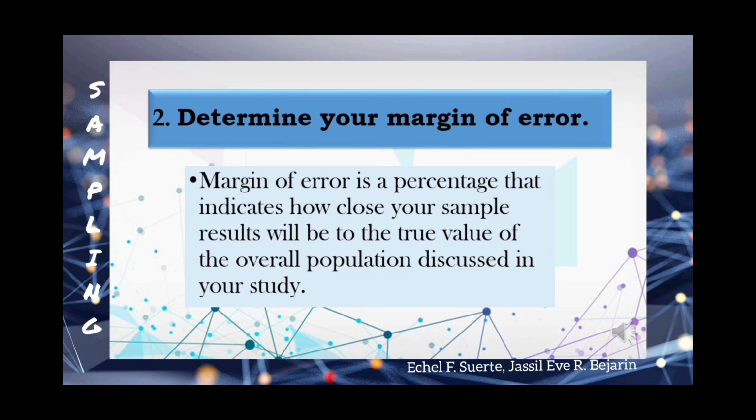Margin of error, also referred to as the confidence interval, refers to the amount of error you wish to allow in your result. A smaller margin of error will result in more accurate answers, but choosing a smaller margin of error will also require a larger sample.